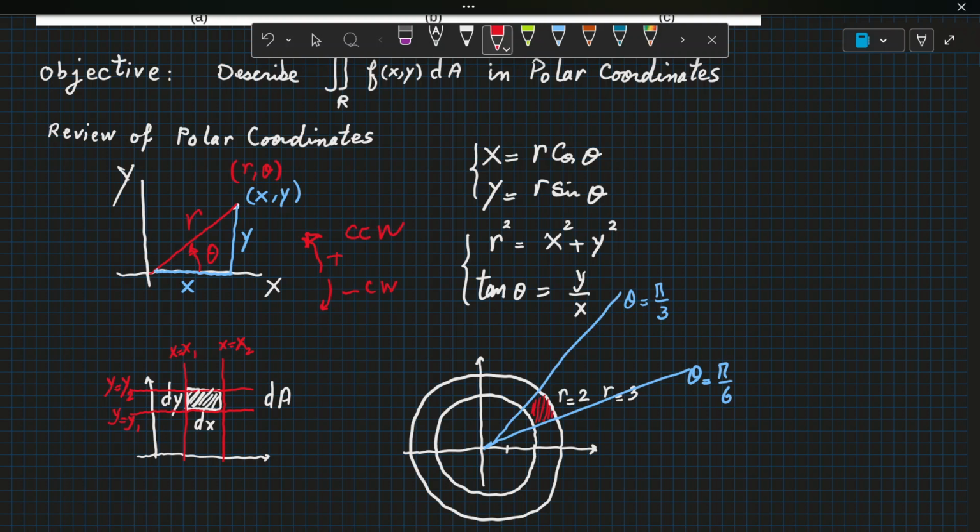That is the element of area for us in polar, and we want to describe this element dA here instead of the dA that we had before. So element of area now is between two radii that are close to each other, like one of them is at r and the other one is r plus dr, and the two angles also are close to each other.